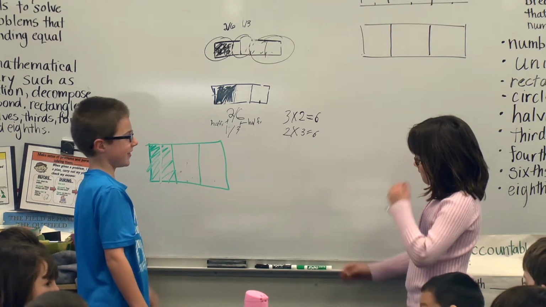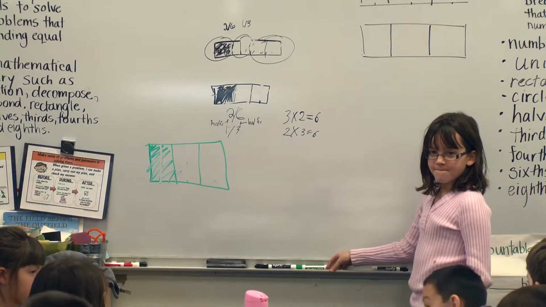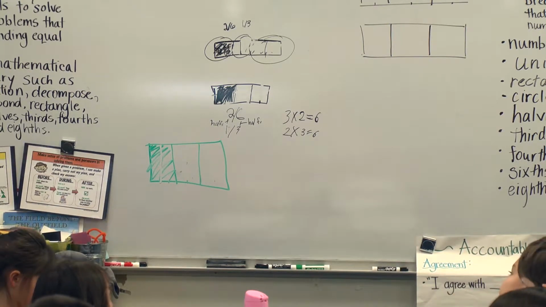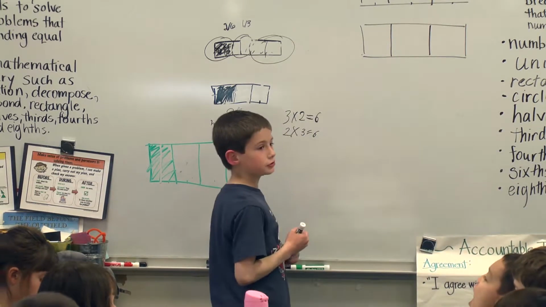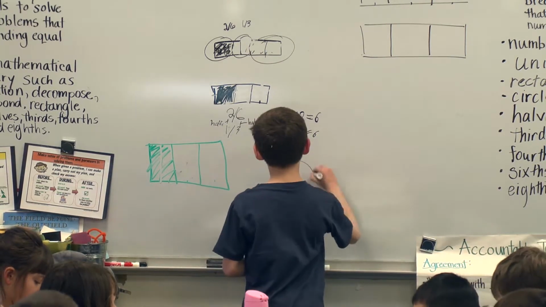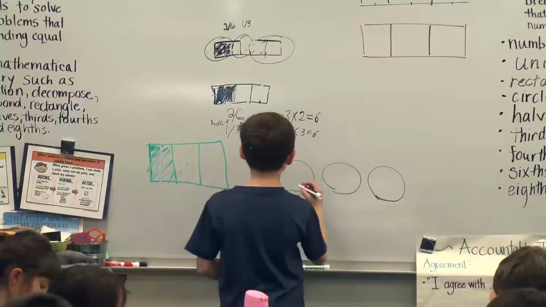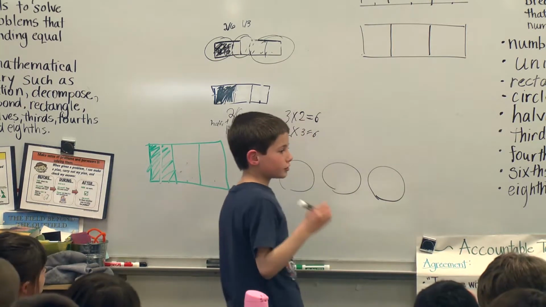Okay, starting to make some sense for some people. All right, Nick, can you go up? Thank you, Jenna. Thank you, Elliot. Nick, can you show us one more way to think about this? I was thinking about grouping. Because there's 3.